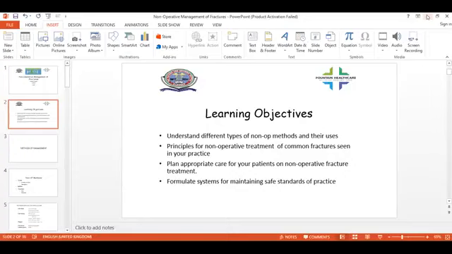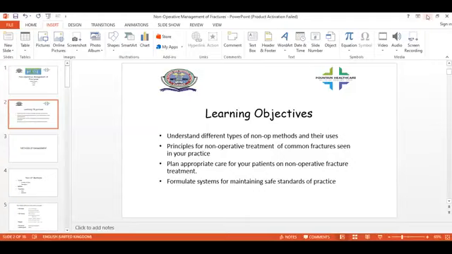But the point here, and the objective of this presentation, is that even where you can do surgery, you can at the same time do non-operative treatment. You need to understand the principles of safe application, maintaining the goals of alignment, rotation, and limb length, applying for the right duration, and rehabilitating the patient properly for good function.